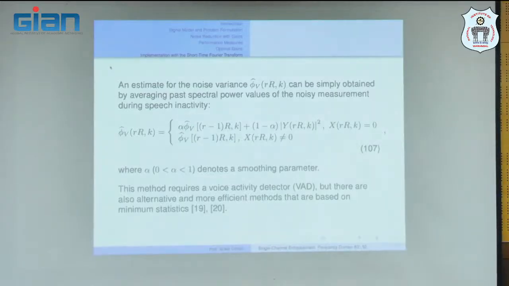I remind you, what is the input SNR? Instantaneous input SNR.